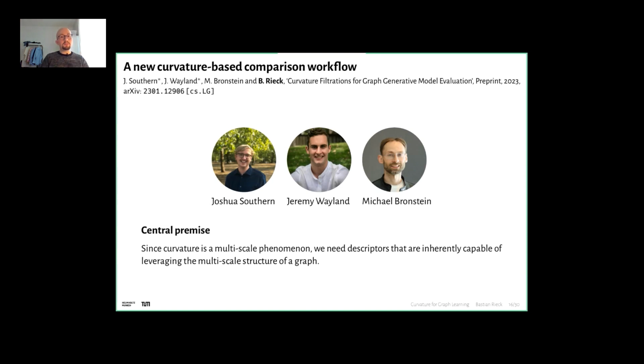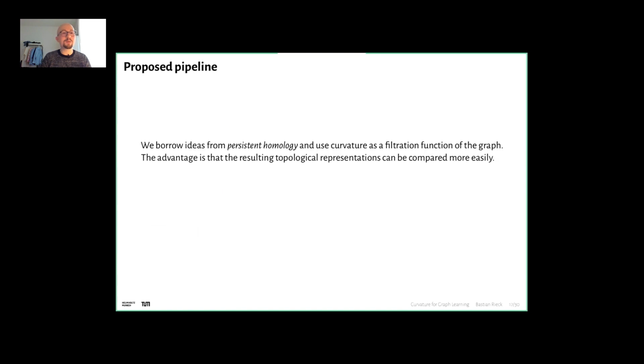And the central premise of this workflow is that since we consider curvature to be some kind of multi-scale phenomenon, so it's something that is local, but it can also be put on a global level, we also need descriptors that are inherently capable of leveraging this multi-scale structure of a graph. And this then, of course, leads me, because I very much care about this and am enthusiastic about these TDA kind of approaches, immediately to ideas from persistent homology to use on the graph.